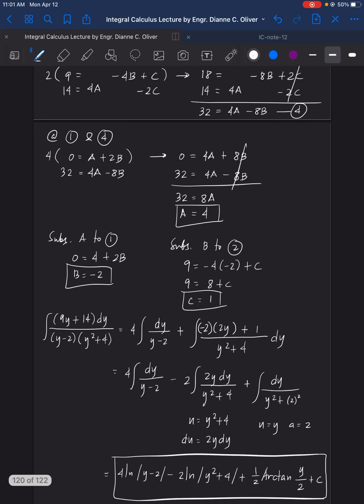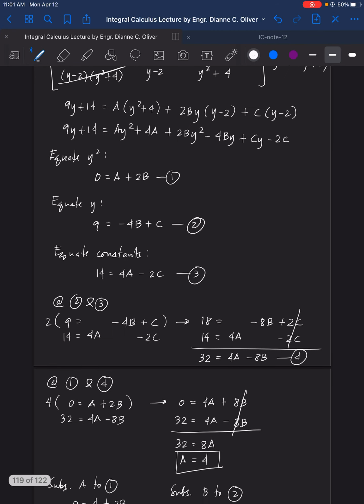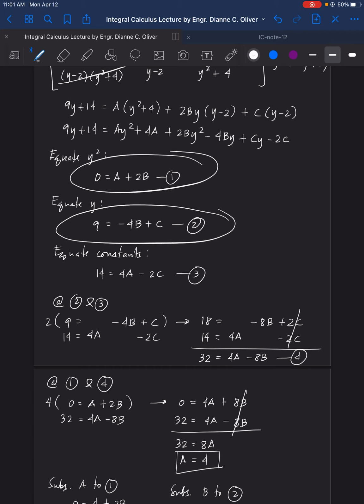Now, as an added bonus for this lecture, you might want to use your calculator to check if the constants that we have computed are correct. So, looking at this, we have the 3 equations: 0 is equal to a plus 2b, 9 equals negative 4b plus c, then we have 14 equals 4a minus 2c.